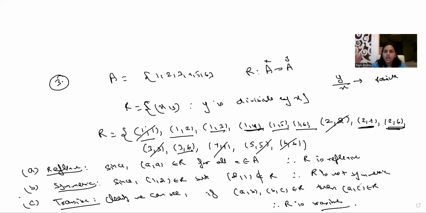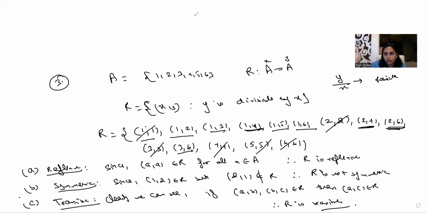I repeat, if it is reflexive, symmetric or transitive, you do not have to give examples showing all the examples we saw; you only check them in your mind. If it is reflexive, symmetric, transitive, you just write the basic definition. So since it was transitive, we will write that clearly we can see that for all the A, B, B, C we saw, their A, C are in R. Therefore, this relation is transitive.